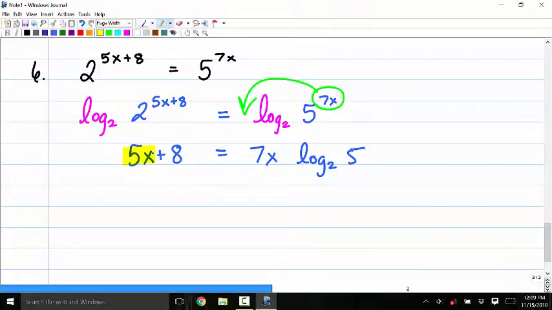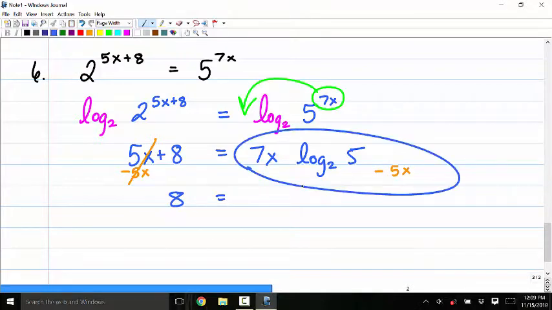I have 2 things with x's. I need to get them on the same side so I can factor the x out. I'm going to subtract the 5x from both sides. And why do I do that? I only have to move one thing.